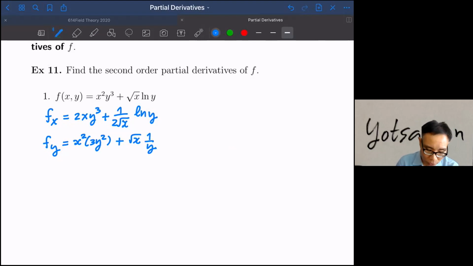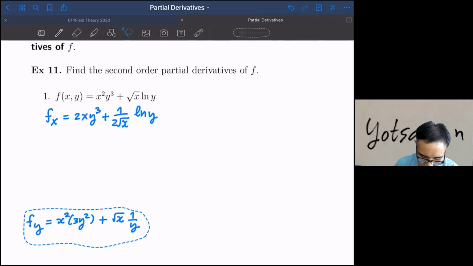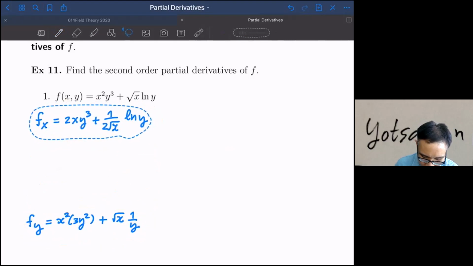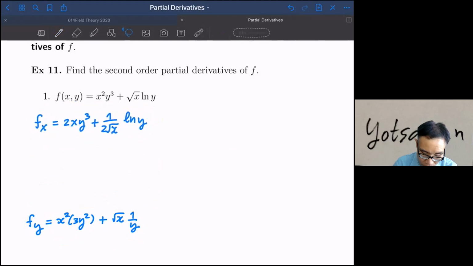And from both of these, you're going to differentiate again with respect to x and with respect to y. So you're going to have fxx.